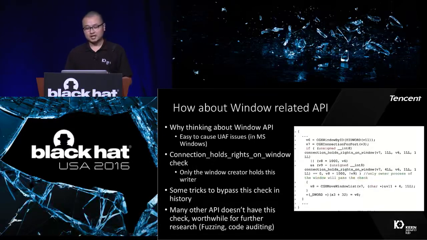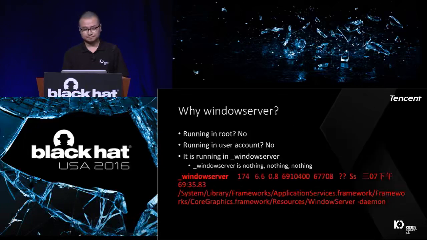This check actually only allows the window creator or the window owner to hold this permission. And if you are not, then you are blocked by this check. And in history, I think there were many tricks to bypass this check, but now it's harder. Another thought is that many other window-related APIs don't have that check, so it is very worthwhile for further code auditing or fuzzing to find a more interesting bug.